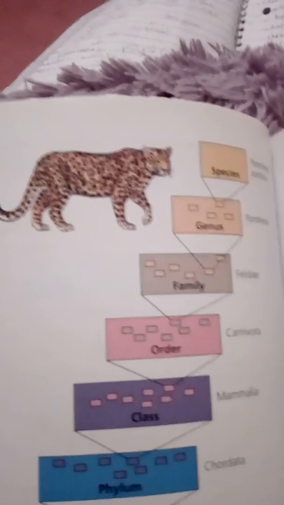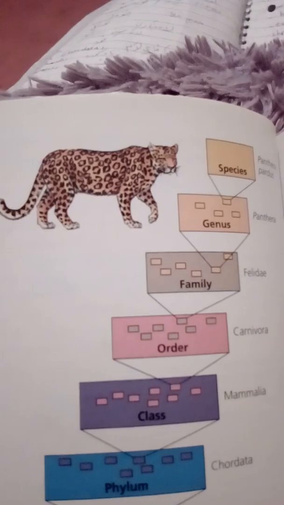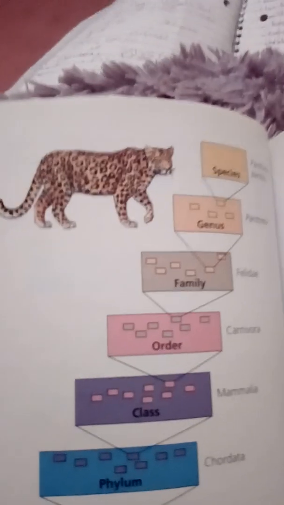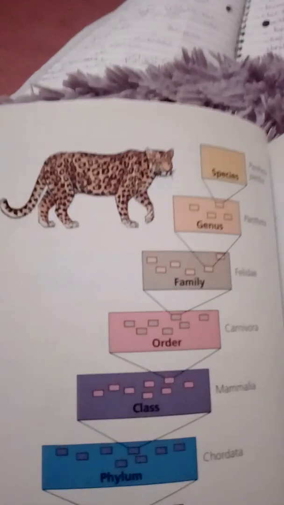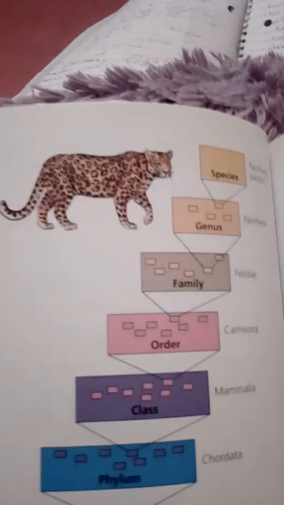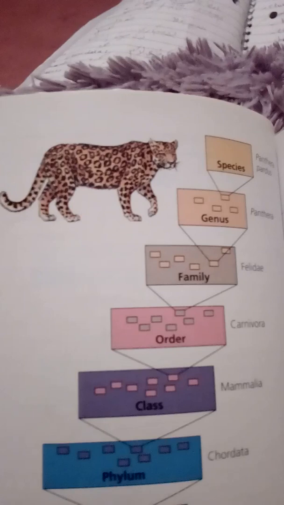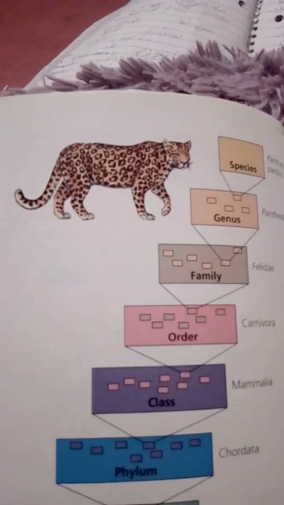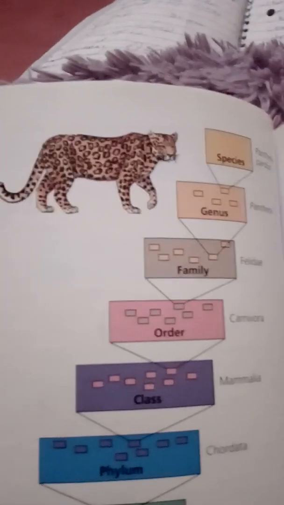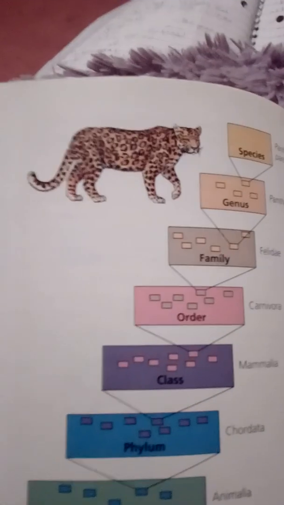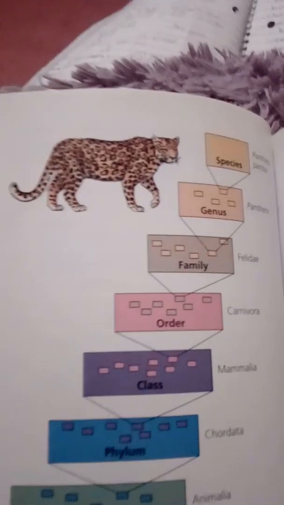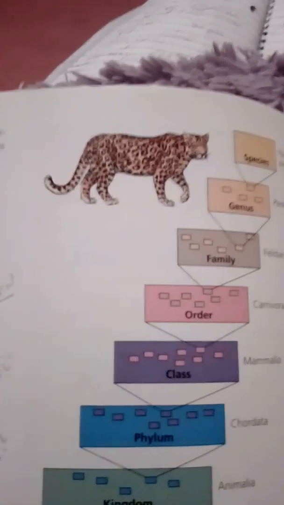For example, the leopard Panthera pardus belongs to a genus that also includes the African lion, Panthera leo, the tiger Panthera tigris, and the jaguar Panthera onca. Beyond genera, systematists employ progressively more comprehensive categories of classification.